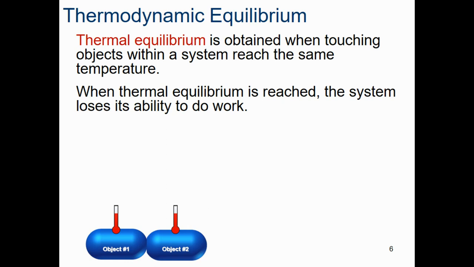Like all systems, they strive to reach equilibrium, and you should be familiar with that term, equilibrium, meaning equal. Thermal equilibrium is defined as when objects within a system have reached the exact same temperature. When thermal equilibrium is reached, the system loses its ability to do any work, to be able to transfer energy.